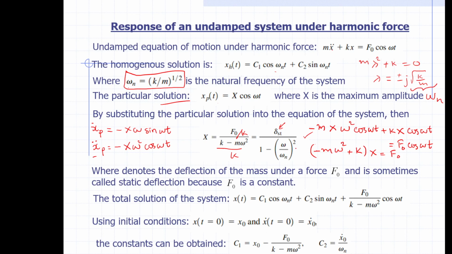Now it's very interesting. Why I say interesting? Here you will see. Then the complete solution here, and don't forget this term is just this term, okay? Using initial condition, h at 0 equals some value h0, h dot at 0 equals some value, the initial velocity.